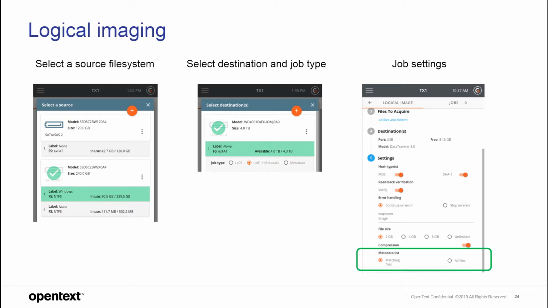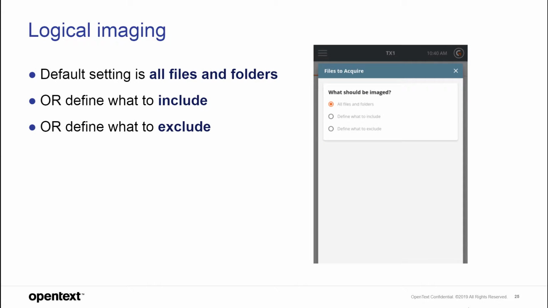In making these kinds of targeted logical imaging operations, TX1 allows both direct selection of the files of interest to acquire and rules-based searches to target specific files based on file type or other criteria.